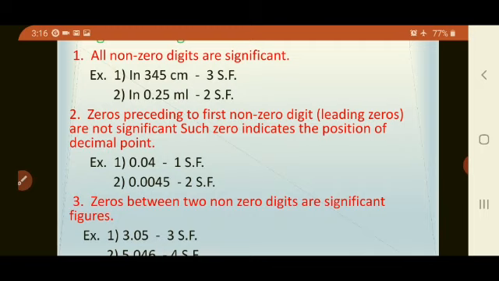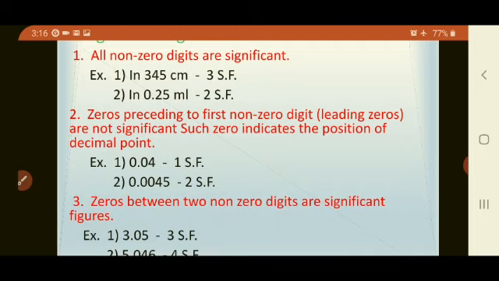It may come before the non-zero digit, or it may come after the non-zero digit.